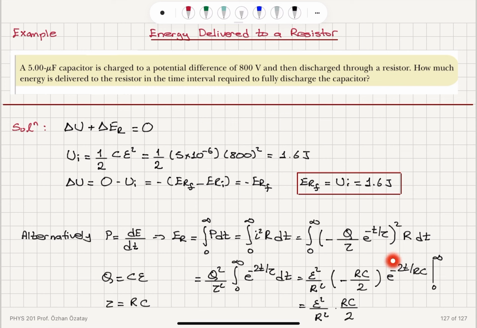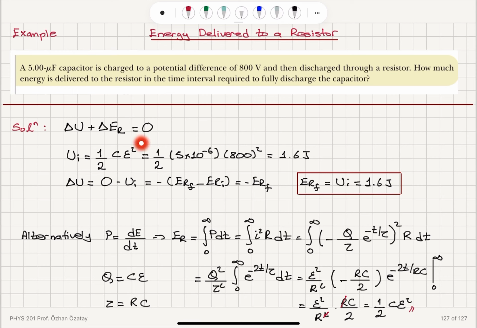When we evaluate the exponential at infinity, we obtain 0, so this becomes 0 minus the value at 0, which is 1, so this will give us minus 1. Minus 1 minus 1 will cancel, so we will have RC over 2. One of the R's will disappear here, so the answer is 1/2 C epsilon squared, which is precisely the same answer we have here.